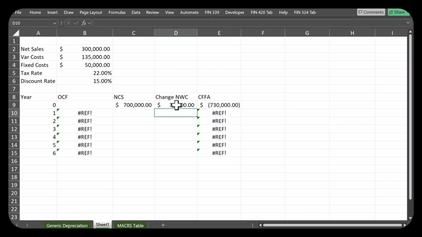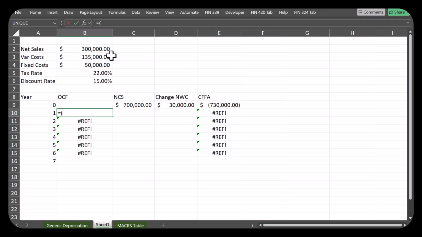I already have the formula here. OCF minus net capital spending minus change in net working capital, just to make sure. Now, OCF is going to be net sales.